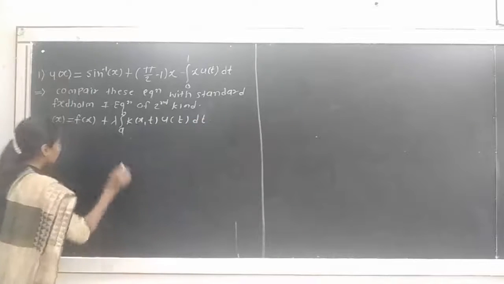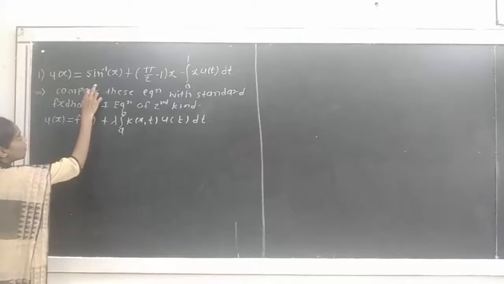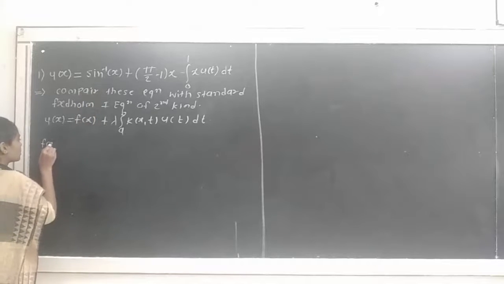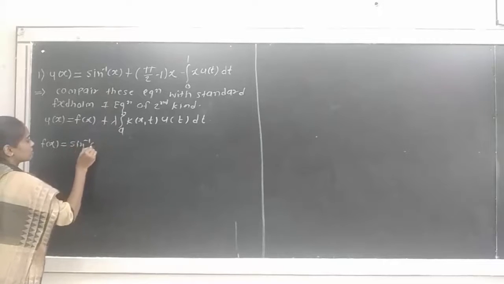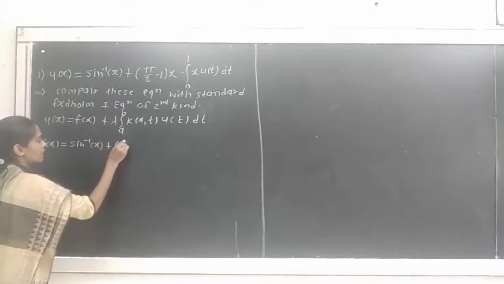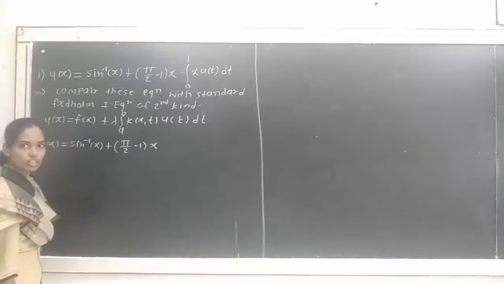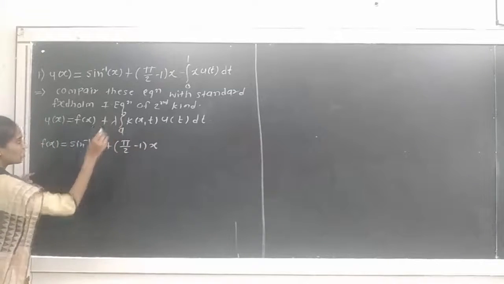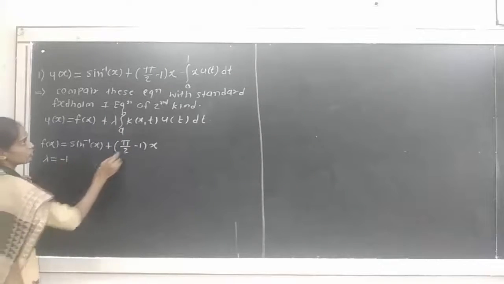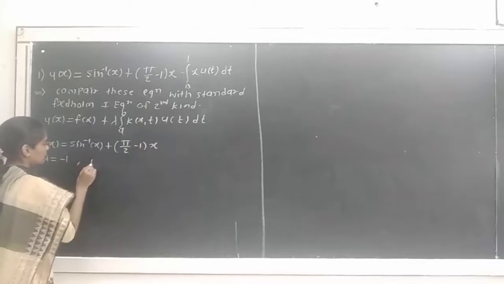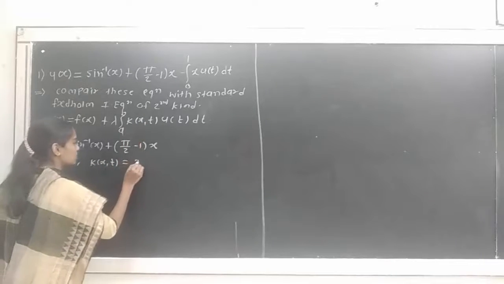So if we compare this equation with the standard form, we get the function f of x equal to sin inverse of x plus in bracket pi by 2 minus 1 into x. Then lambda is equal to minus 1, the coefficient of the integral, and the kernel k of xt is x.